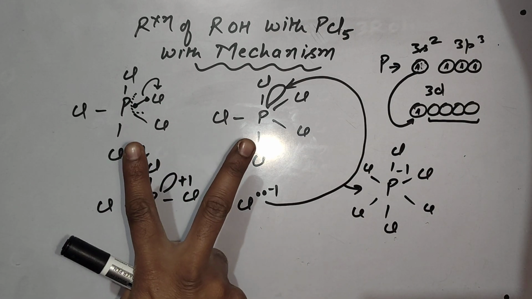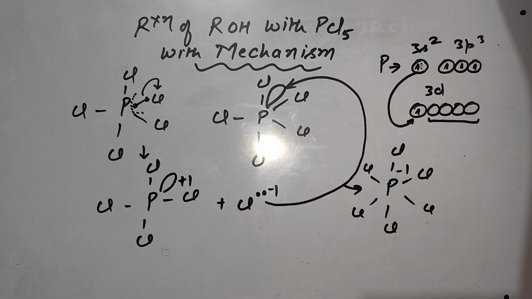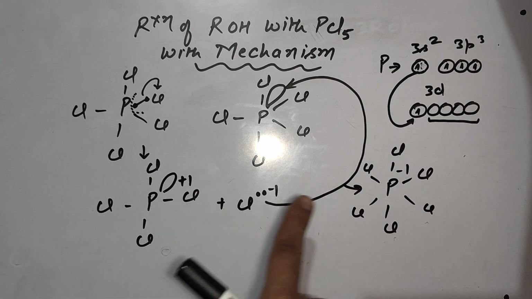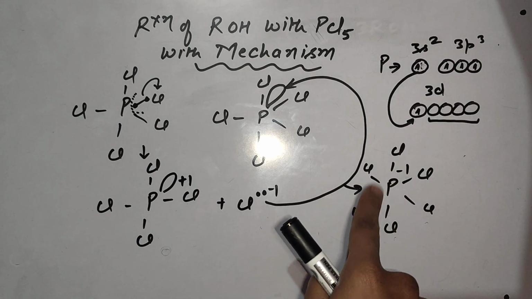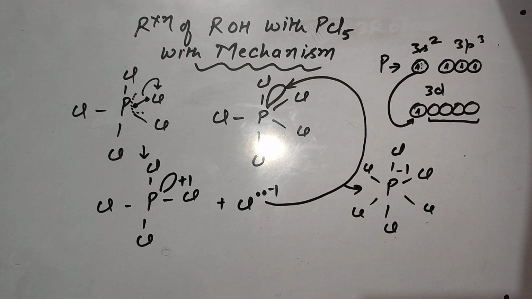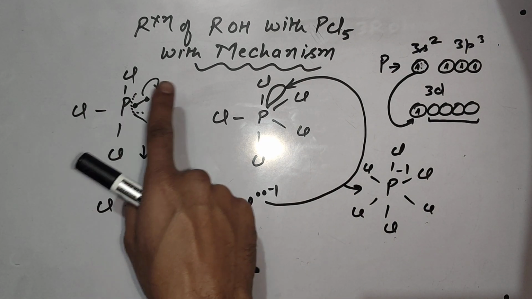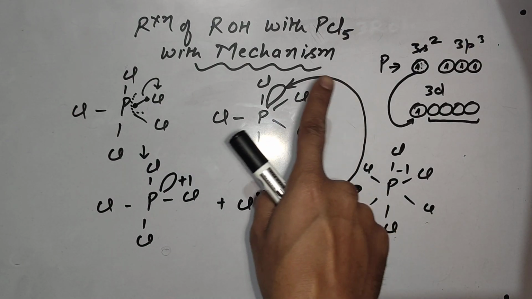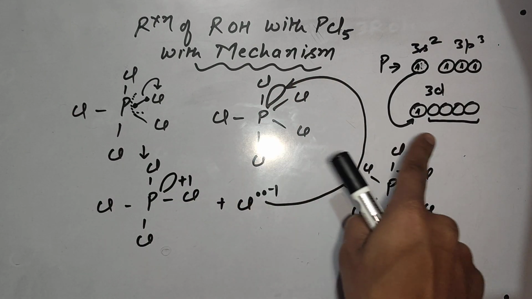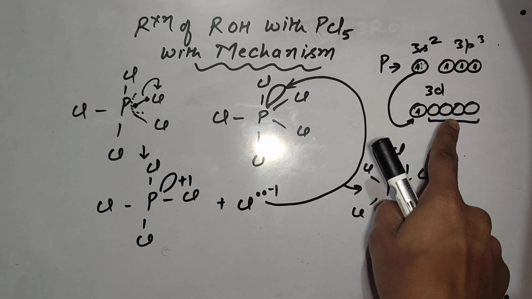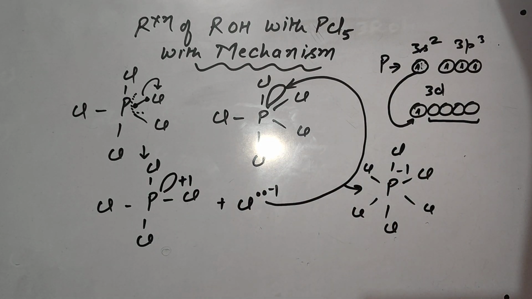So two PCl5 molecules are turning into a cation and an anion, PCl4 positive and PCl6 negative. One is losing chloride and one is gaining that chloride through a vacant orbital. Which vacant orbital is it using? 3d. This one. Now next what will happen? Let's check.